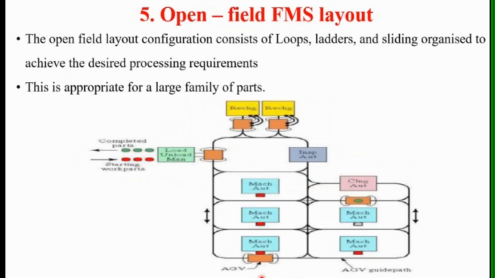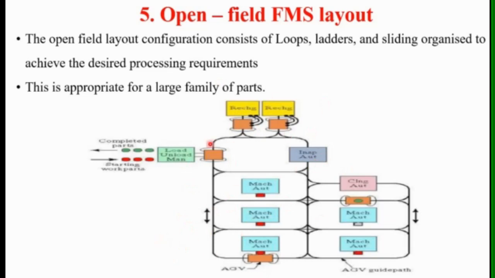Then next one is the open field flexible manufacturing system layout. The open field layout configuration consists of loops, ladders, and sliding organized to achieve the desired processing requirements. In this open field layout, all these different types of layouts are configured in a single system.